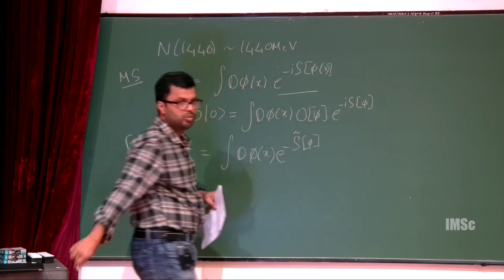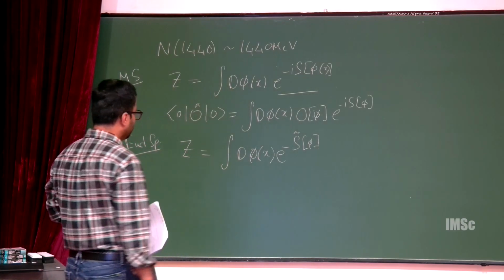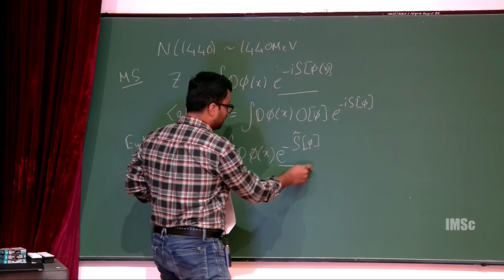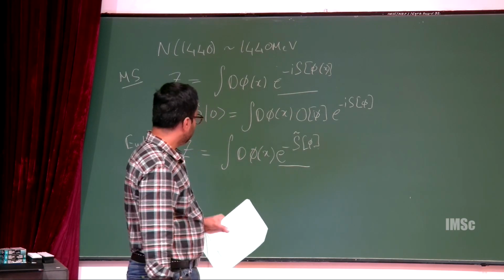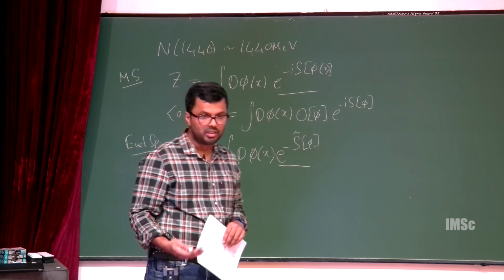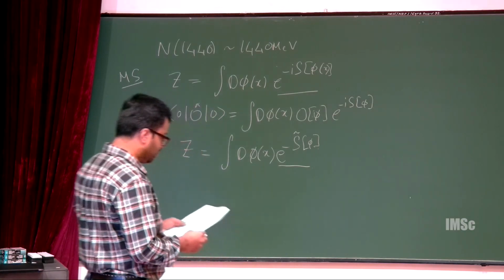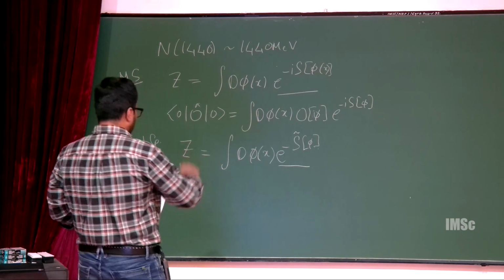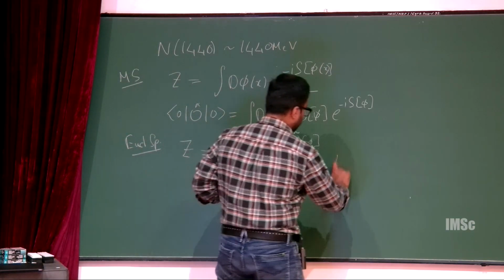I put a tilde to indicate that this is in Euclidean space. You can see that this becomes a positive definite weight, so you can consider this as a probability density, and you can utilize this to do something called Monte Carlo simulations. This is all I want to say about Monte Carlo simulations. So now this is a positive definite weight.